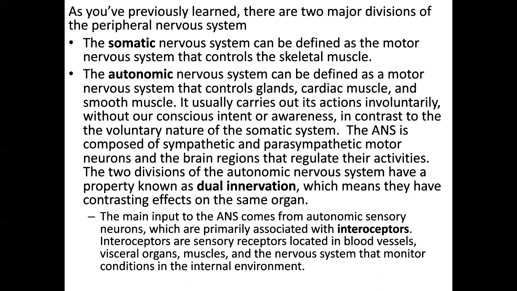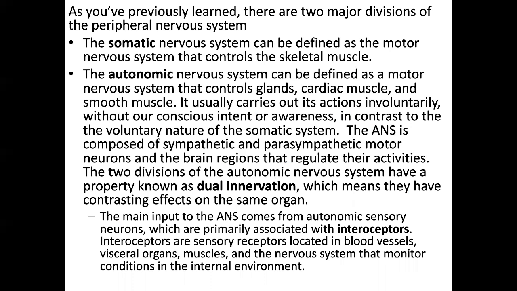The much more complicated division is the autonomic nervous system, which is associated with motor control of our glands, cardiac muscle, and smooth muscle. As I told you previously, when you hear the word autonomic, you can think of automatic because it usually carries out its actions involuntarily without our conscious intent and awareness, which is typically in contrast to the voluntary nature of our somatic nervous system.